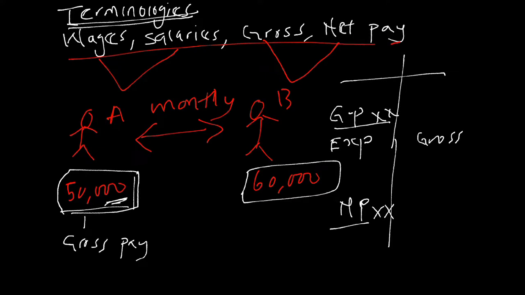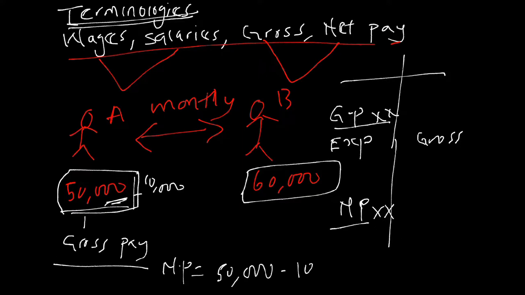So this gross pay is not really an original one. Why? Because we still have some deductions we are going to remove. For example, Mr. A pays tax of 10,000 naira. So what is his gross pay? His gross pay is 50,000 naira. While his net pay is 50,000 naira minus 10,000 naira, which is 40,000 naira.